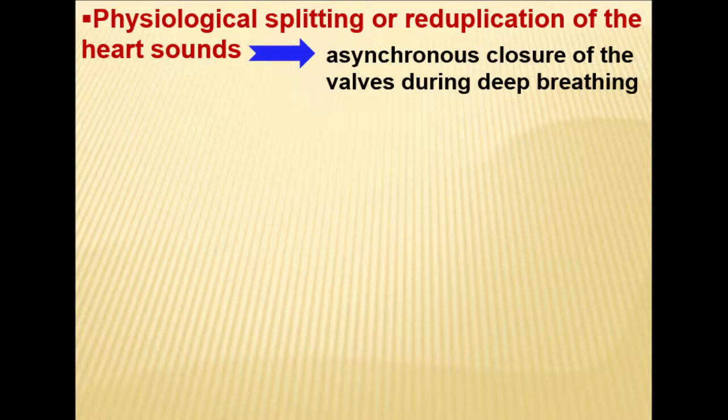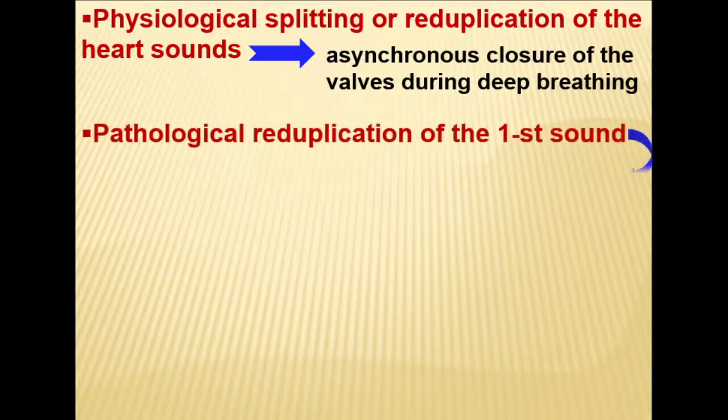But sometimes, for example, if you auscultate a sportsman after physical exercise, the patient's breathing is intensified for a short time. Or if a patient has a problem with the central nervous system, for example deep Kussmaul breathing, you need to auscultate the heart. There may be splitting or reduplication, first of all of the second sound, due to increased pressure in the chest and asynchronous closing of the aortic and pulmonary semilunar valves.